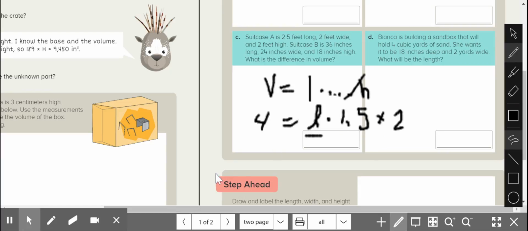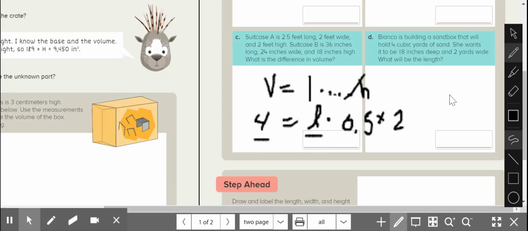Not 1.5, excuse me. What am I thinking of? 18 inches is 1/2 of a yard. And if you'd rather look at it as a fraction, that's fine. So length times 0.5 times 2. All that together equals 4.